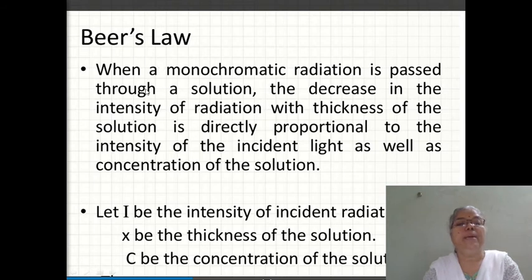Then Beer's law. When monochromatic radiation passes through a solution, the decrease in intensity of radiation with thickness of solution is directly proportional to the intensity of incident light as well as the concentration of solution. Let I be the intensity of incident radiation, x the thickness of the absorbing solution and C the concentration.